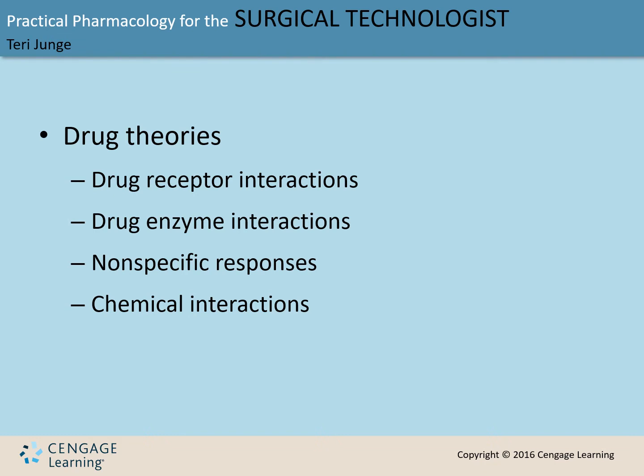Relenza is given to treat the flu, the influenza virus, and what Relenza does is it inhibits a viral enzyme that allows for the release of the virions, which then spread the virus. So inhibiting the production of that enzyme actually stops the spread of the virus throughout the body. Remember, viruses invade cells. So that's pretty cool.